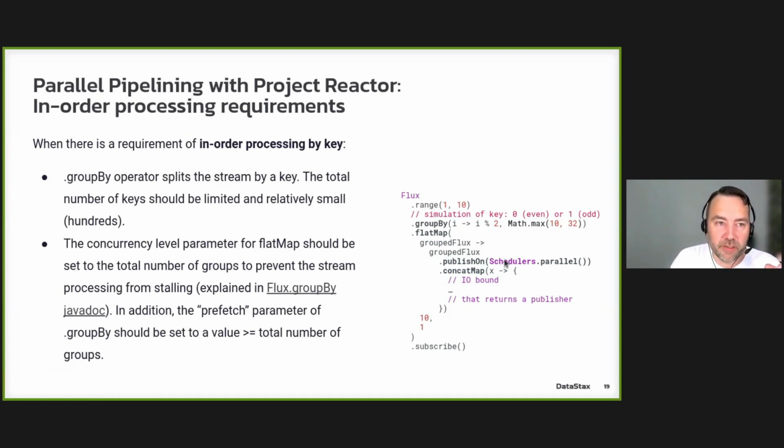In addition, there's the prefetch parameter of groupBy, which is Math.max(10, 32), and obviously that results in 32. That's another parameter that has to be set to prevent the processing from stalling. I don't know the exact details, but I would assume that it stalls because of lack of demand, and then it gets deadlocked in a way.